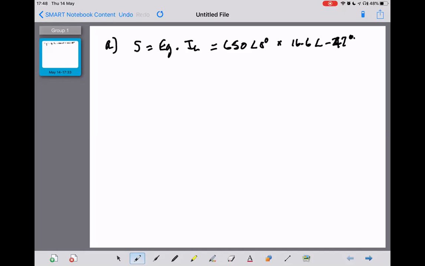Have I mixed them up? The thing is, what you've done there, Robbie, okay, is you've got, well, was it reactive? Okay, but you don't need the angle for the power.